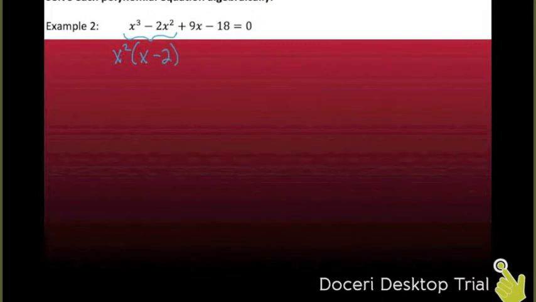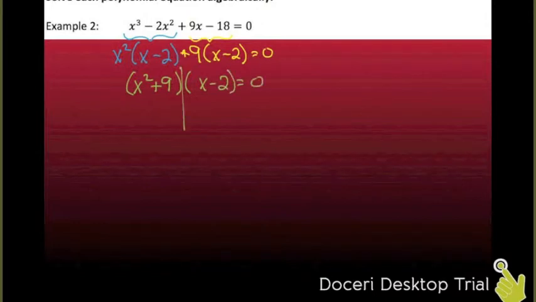For the second part here, you can pull out a positive 9, and you'll be left with x minus 2 again. So now we have x squared plus 9 as the first thing, and the second thing is x minus 2.